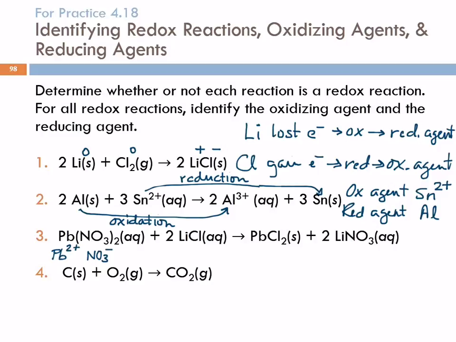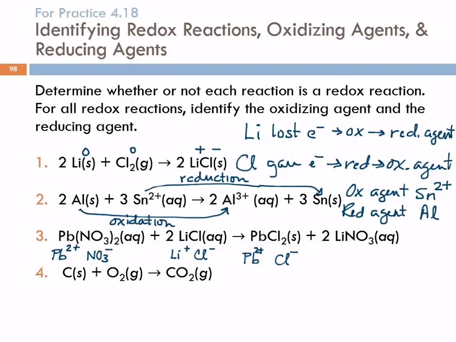And then in lithium chloride, what are the 2 ions? Lithium with what charge? +1, and chloride with what charge? -1. And here we have PbCl2. So we've got lead and chloride, and what are the charges? 2+ and minus.